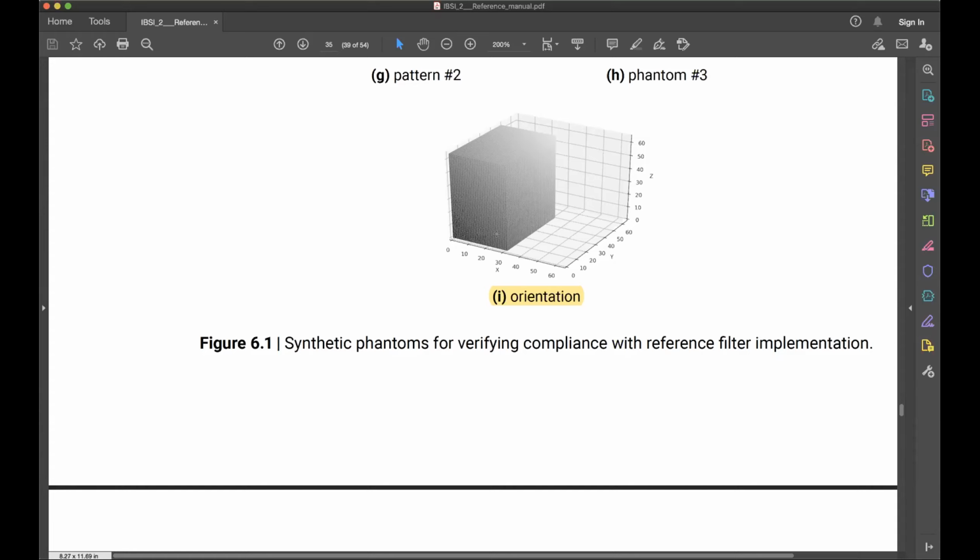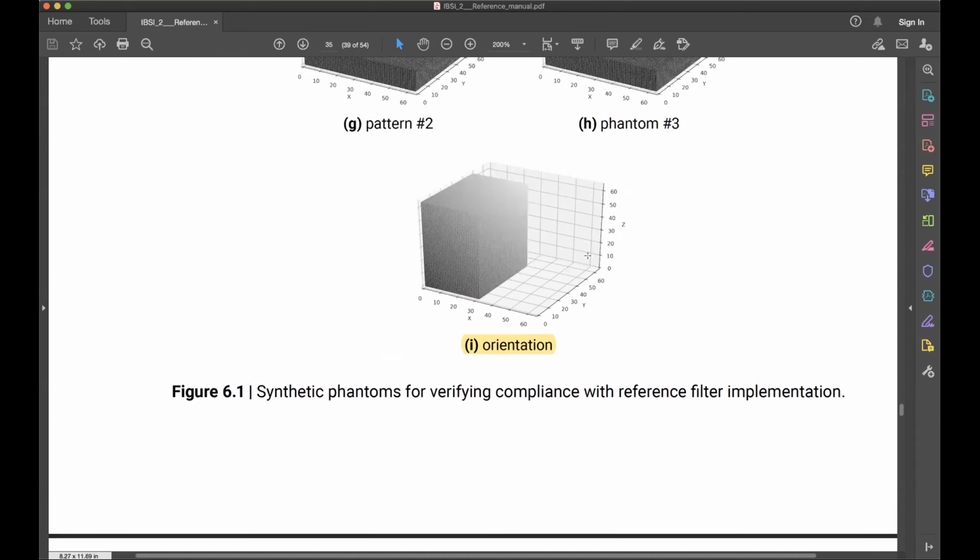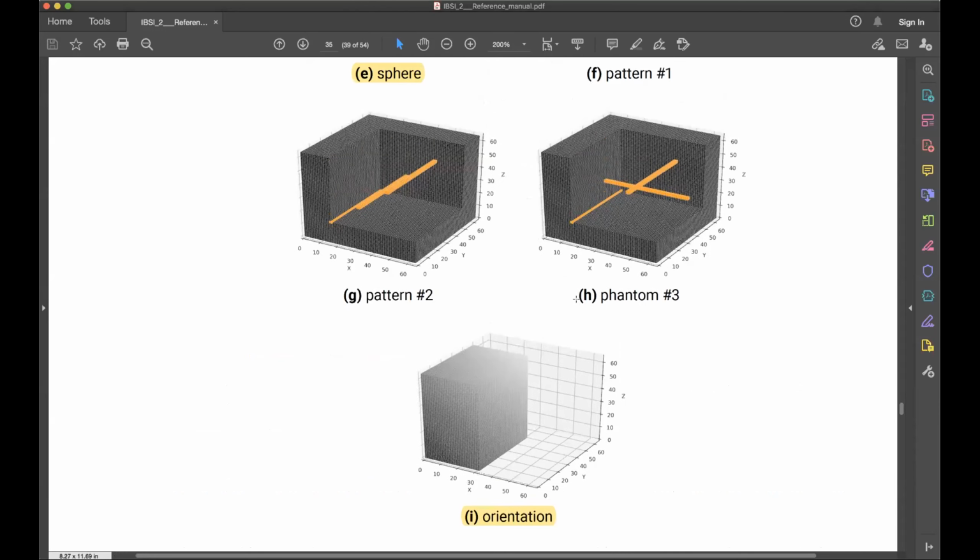You can use this orientation phantom to make sure that your own frame of reference is aligned with the frame of reference of the phantoms that we have defined. So that's the first phantom to look at before doing the tests.